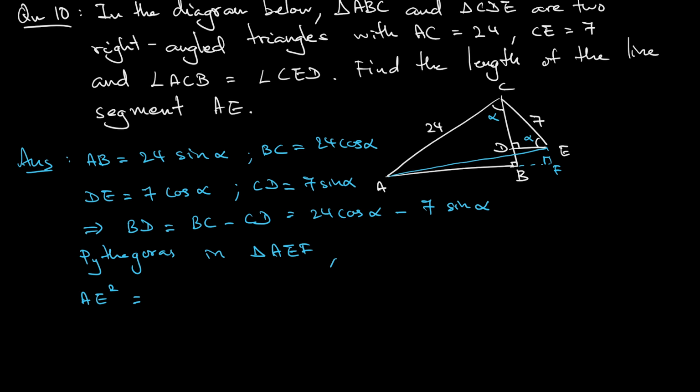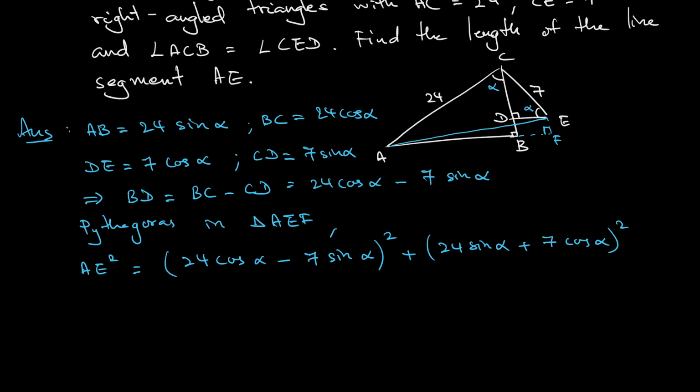So BD squared, so that is (24 cosine alpha minus 7 sine alpha) squared plus AF squared. But AF is equal to AB plus DE. So AB, that is 24 sine alpha, and DE, that is 7 cosine alpha, squared.